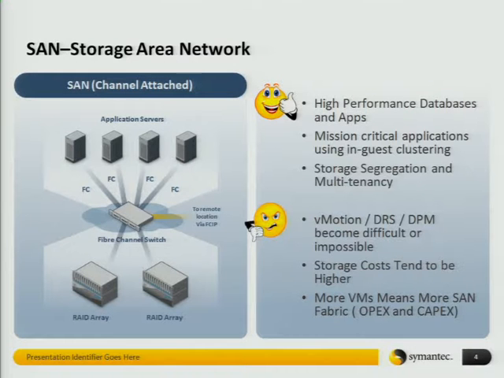So another reason why people use SAN is for mission-critical applications. So how many of you have mission-critical applications today running in your VMware environment? Yeah. And how many of those are running on SAN? So what was your purpose for running mission-critical applications on SAN? Anyone? Availability. So help me understand that. What do you mean by availability? So SAN provides you that level of availability?